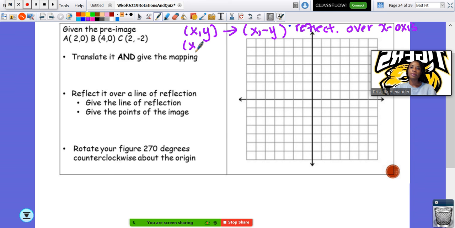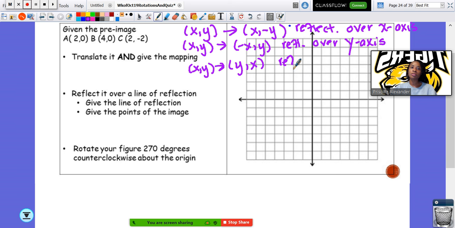Here, if I have this to happen, that's a reflection over the y-axis. If I have this to happen, this is a reflection over y equals x.